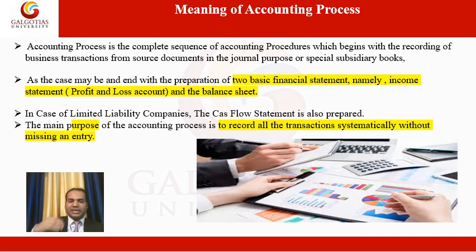In case of limited liability companies, the cash flow statement is also prepared. The main purpose of accounting process is to record all the transactions systematically without missing an entry. I hope it is clear to everybody.